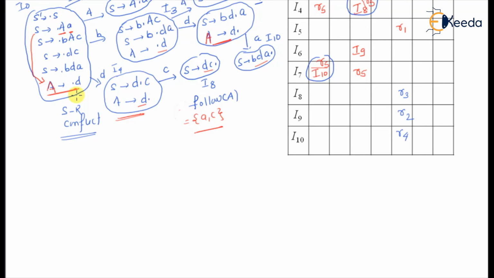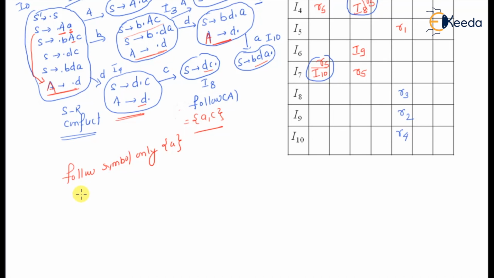Notice that here the follow symbol for this I0 is only A. The place from where you are adding this item has only A as the follow symbol. Both capital A's are different here, and we are adding A derives dot D because of this production, which is followed by only one symbol, which is A, not because of this other A. And if you look at S derives B dot AC, because of that I am adding this A derives dot D again.